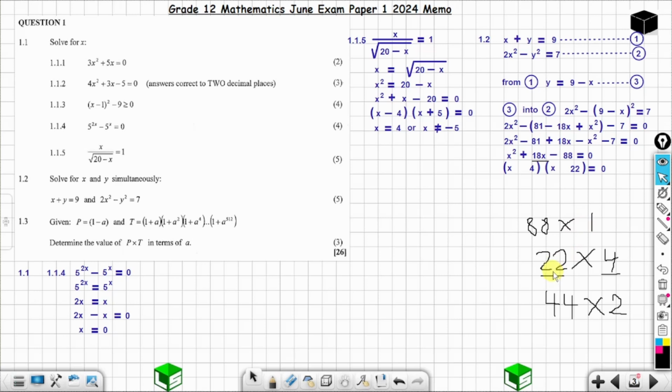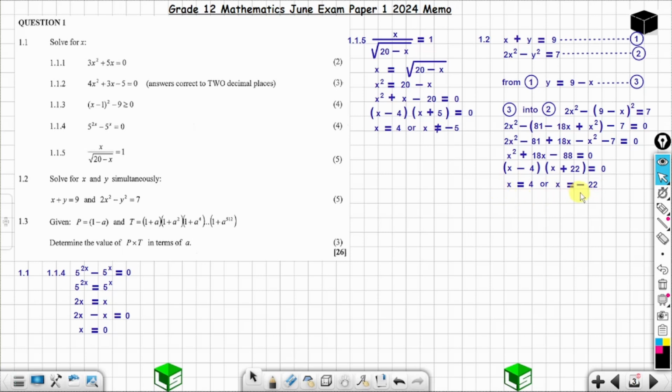I've got minus there and plus. 22 minus 4 is 18. So you have x is equal to 4 or x is equal to minus 22.